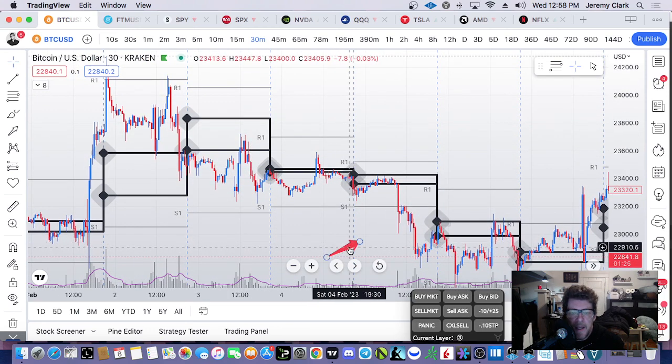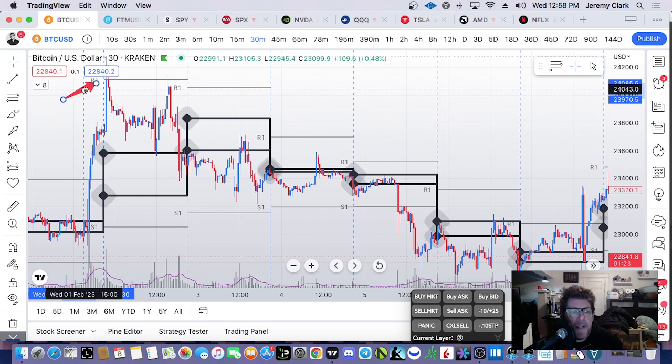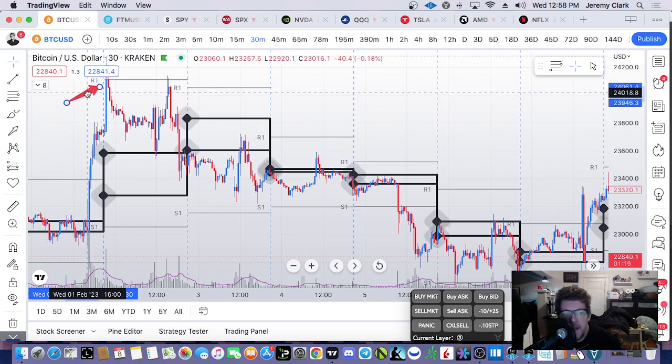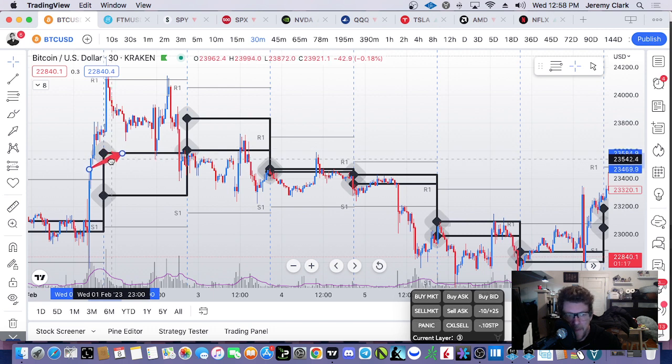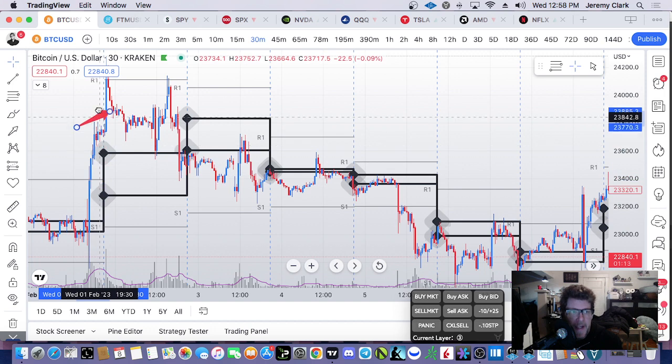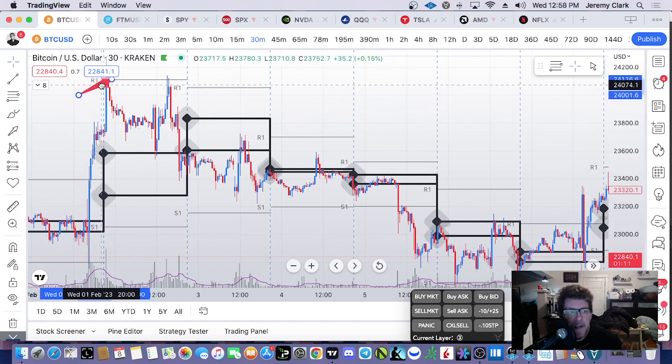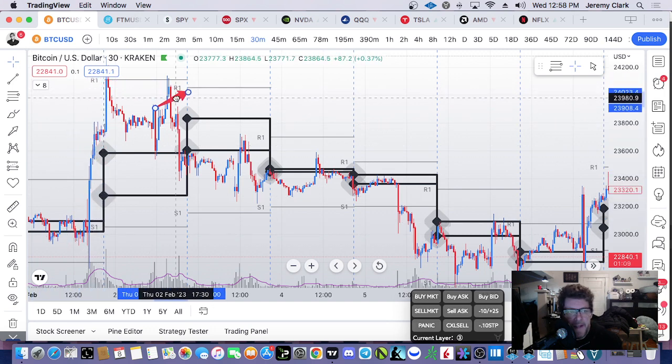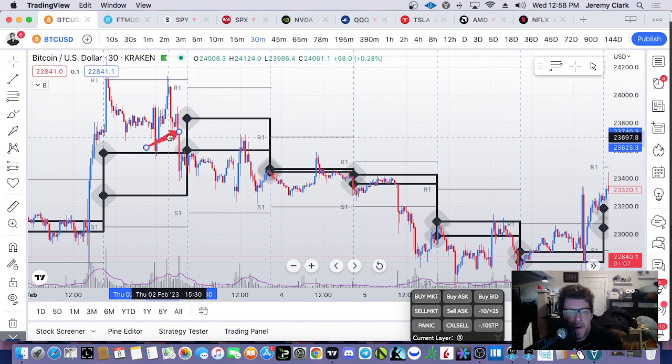So just looking back here, you can see that price hit R1, came down to the central floor pivot, never tested S1. So I would say this is kind of the end of our uptrend right here. And then on the next day, it never got to R1.